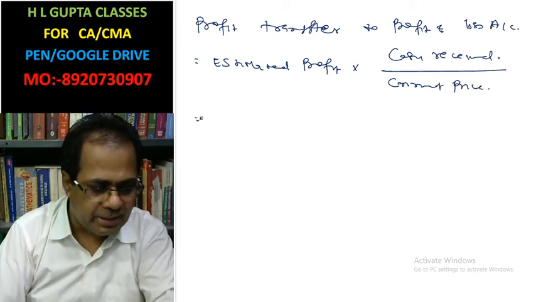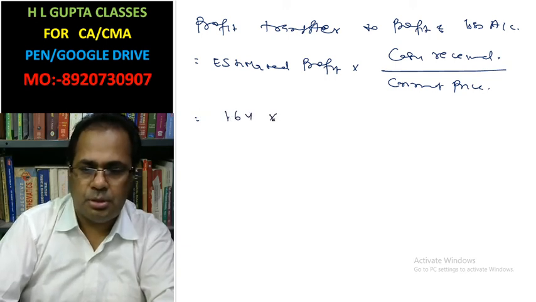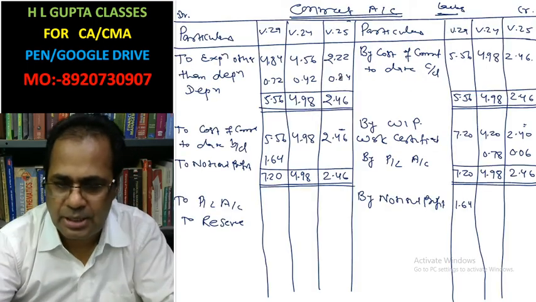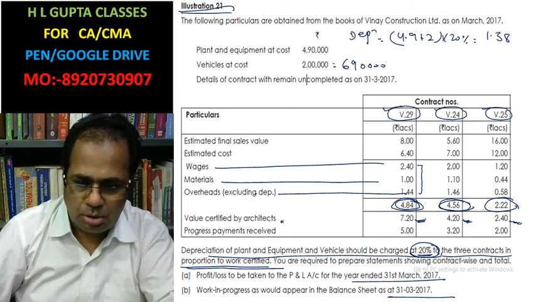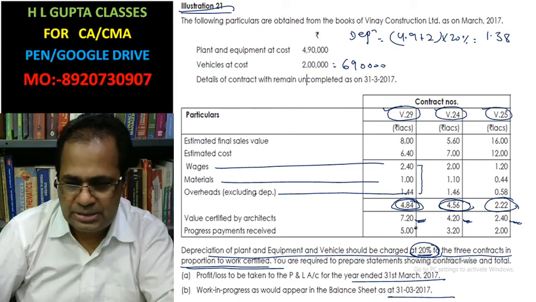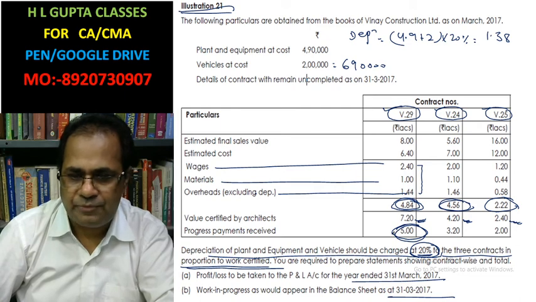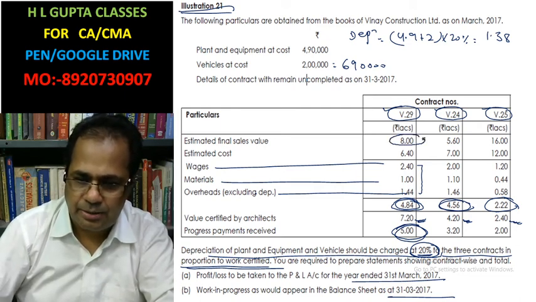What is your estimated profit? 1.64 is the profit, into cash received. What is the cash received in the question? The payment received is 5. The contract price, the estimated sale price, is 8.